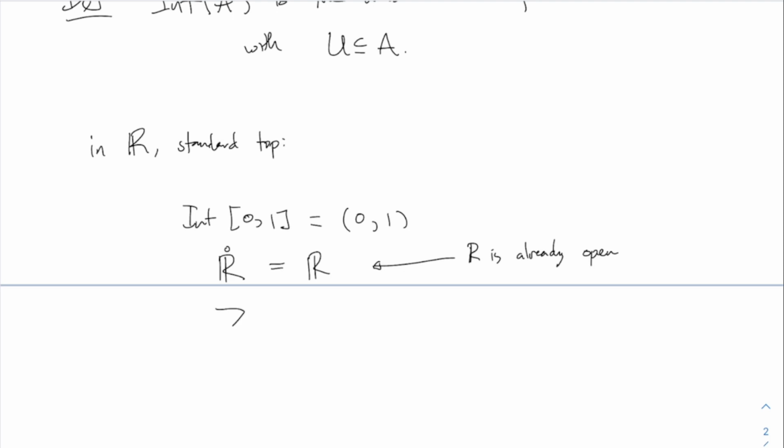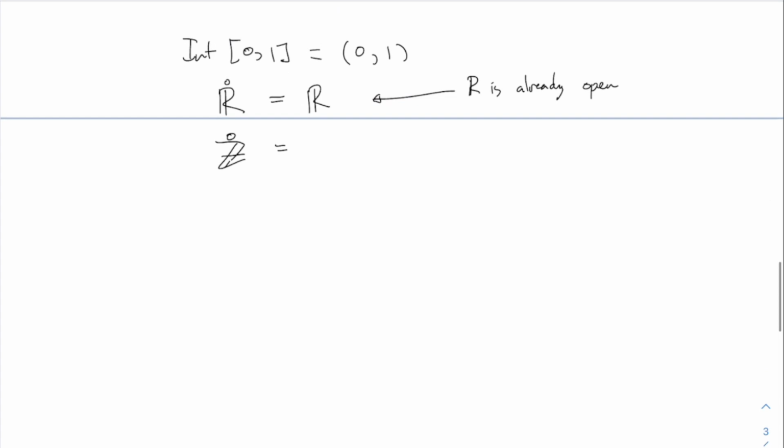How about this? Z, the interior. This is a little weird, although if you think about this in terms of pictures, at least for subsets of R, Z looks like this, just a bunch of individual points.